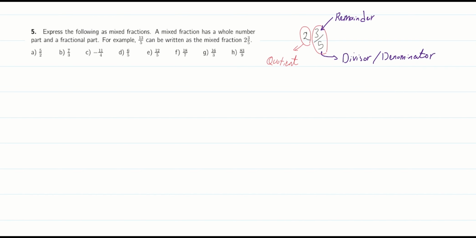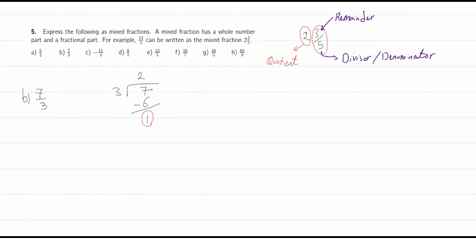Now let's say that we want to solve B as an example. We have 7 over 3. So we have to calculate division in here. So we're just going to say 7 divided by 3. The quotient would be equal to 2. Then we have 2 times 3 in here, 6. Then we subtract 6 from 7 and write 1 as the remainder, right?